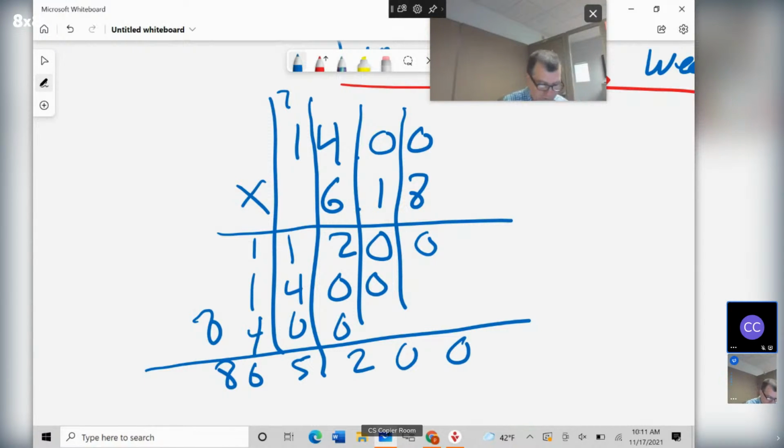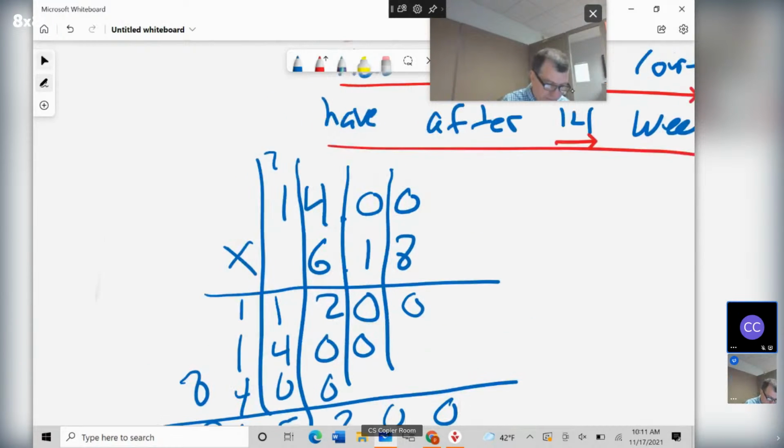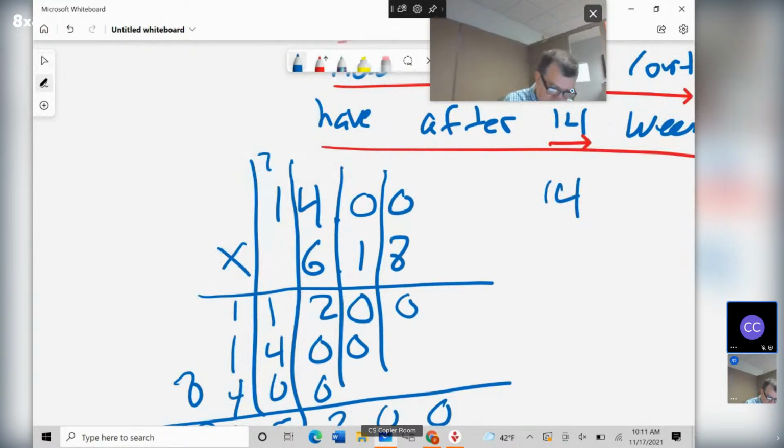Remember, there's four decimals. When we look up at this, we did 14 times 6.18. There's 1, 2, 3, 4 numbers after the decimal.